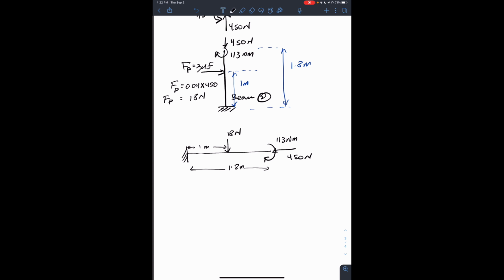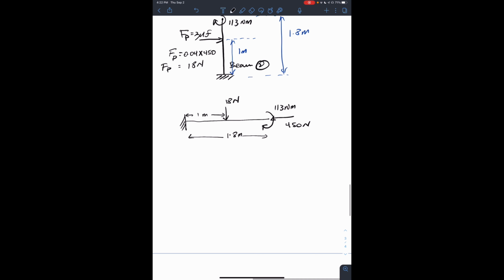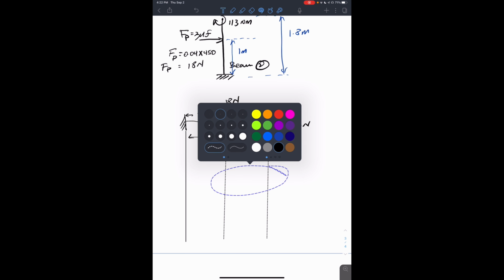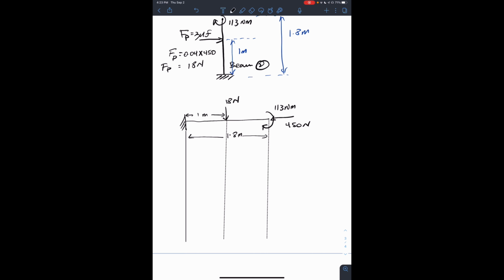So we could go ahead and draw our shear force and bending moment diagram. Again, this will be an exercise for you to complete. Get this line here, and then another line here. Okay, so our shear force diagram would look like this.